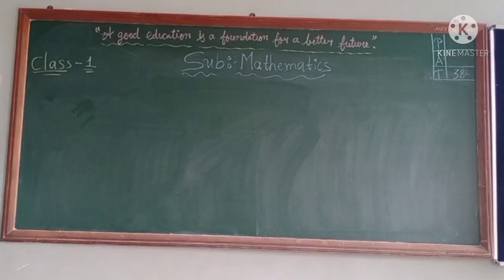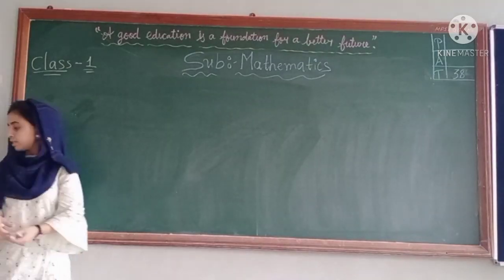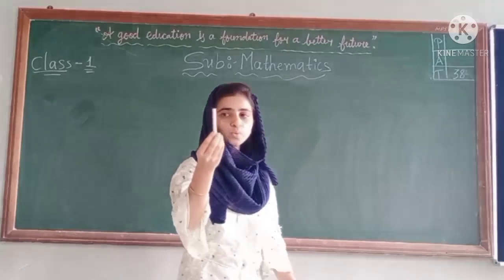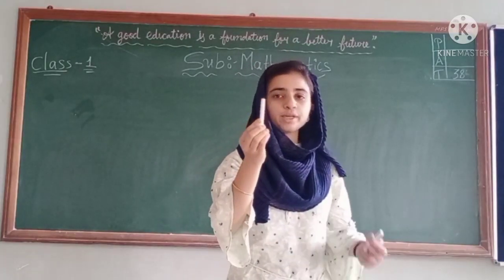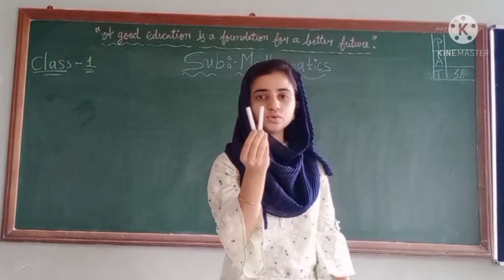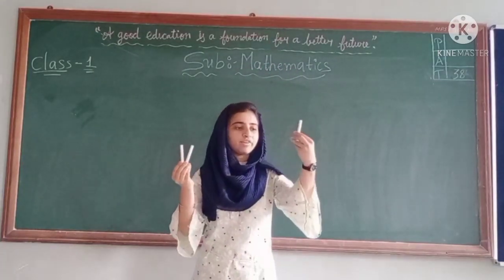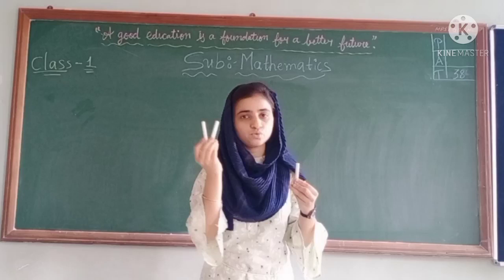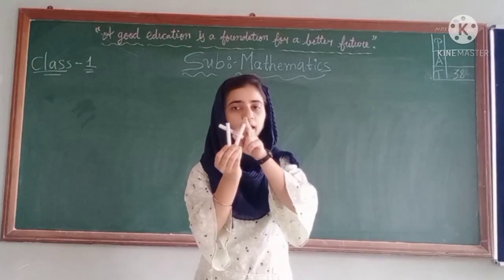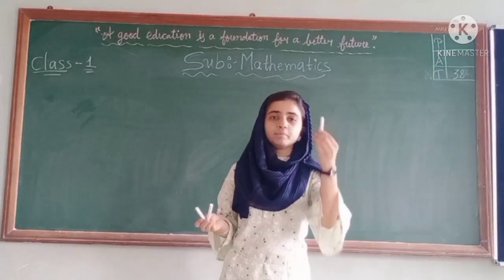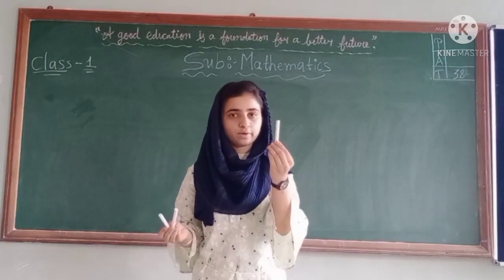If I'm having, see, I'm having one chalk. Can you see how many chalks? One and two chalks. Two chalks were there, and then on my right hand I'm having two chalks. Can you count? One and two. And in my left hand, I'm having one chalk.